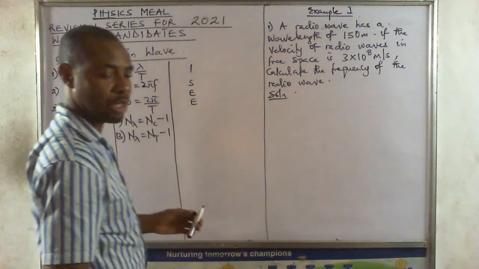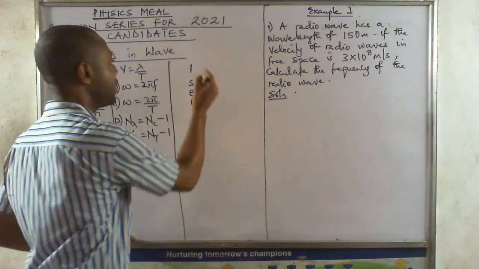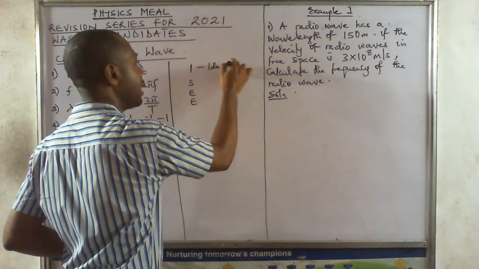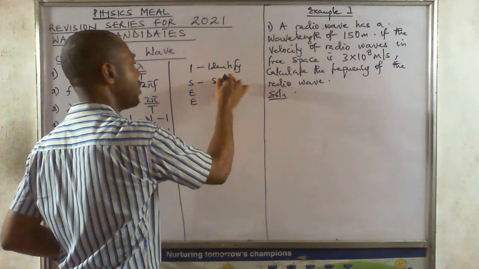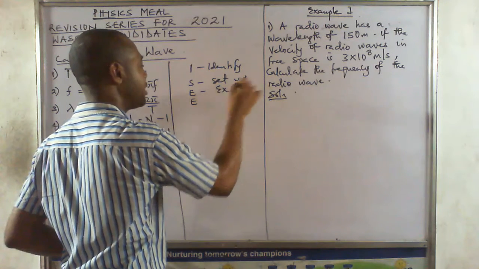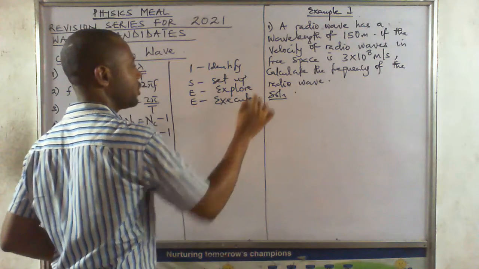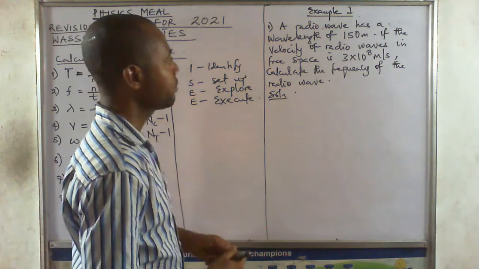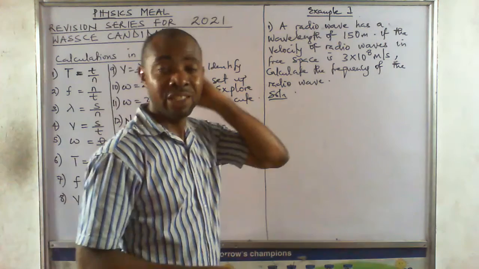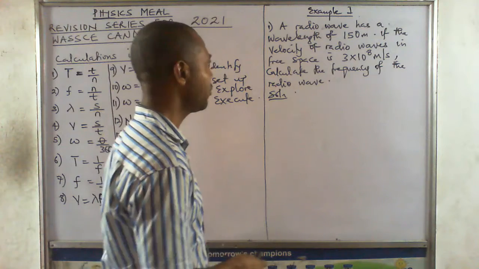If you can see, you can actually solve problems. I means identify and set up, then exploration, as if you are searching for oil, then you execute. I wish you will see in the course of watching this video, and your life will no longer remain the same in physics. Your life will be beautified in physics.